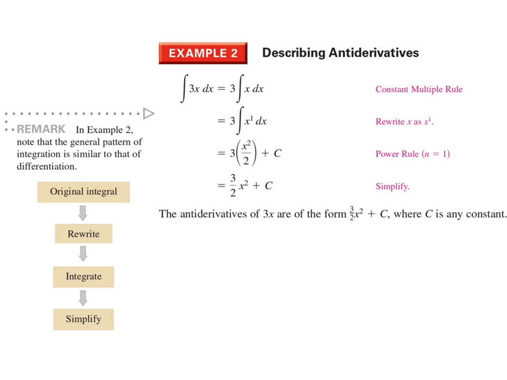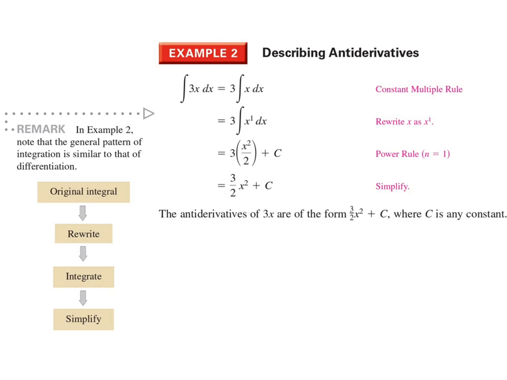And we use the backwards of the power rule here. So it's rewritten here as x to the first. Sometimes that's really useful. And so the power rule is applied where n is 1, so that's our power. So we bump it up 1 and put it over 2. Those two things should match, the power and the number below. And so you multiply it by 3, and this is the original equation.